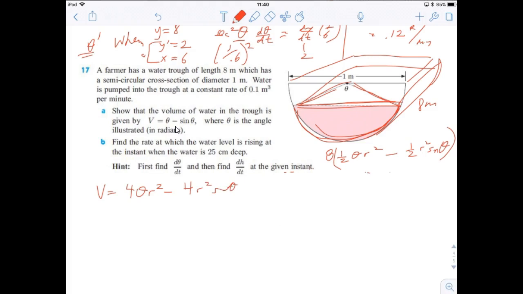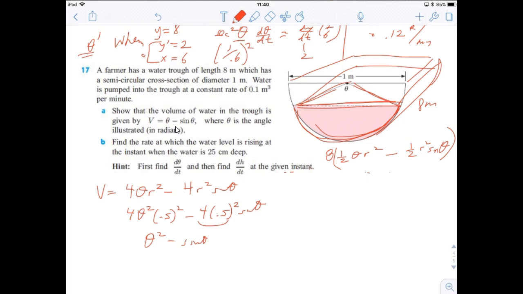Oh, the radius is 0.5 because the diameter is 1, right? So it's 4 times theta times 0.5 squared, minus 4 times 0.5 squared sine theta. Oh, wait a second. 0.5 squared is 0.25. 4 times 0.25 is 4 times 1/4, which is 1. So we basically get theta, minus, and this also multiplies together to become 1, sine theta.